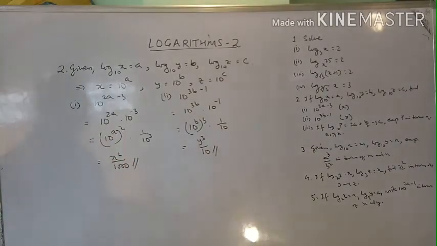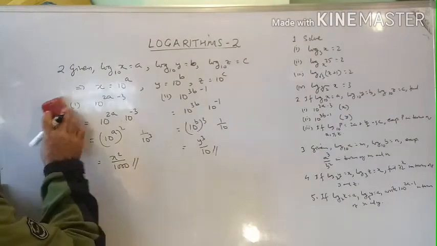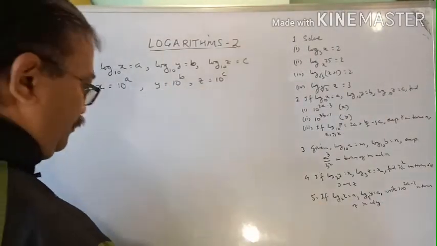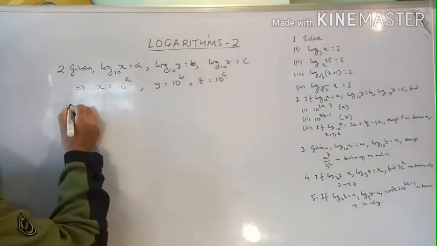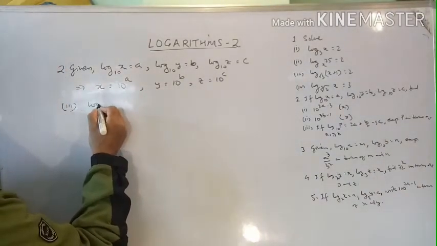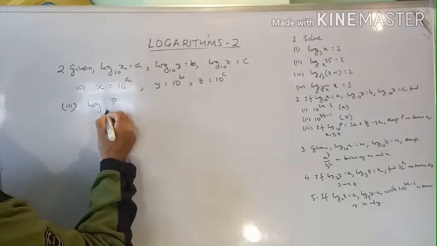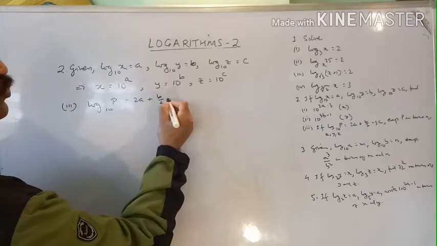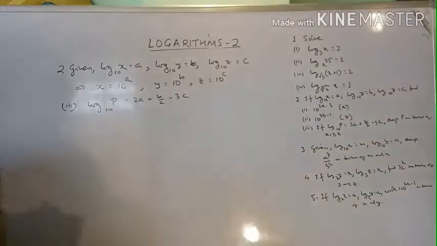So part 1 and part 2 are done. Now let's see part 3. For part 3, you are again given, what is given? Log of p to the base 10 is equal to 2a plus b by 2 minus 3c.